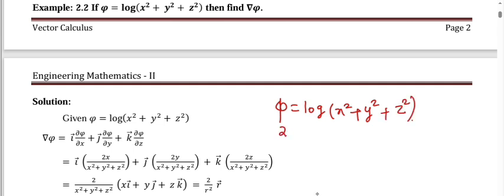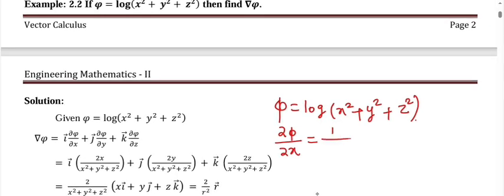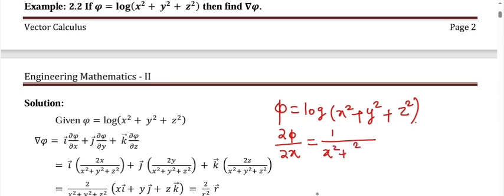From this, dou phi by dou x equals differentiating phi with respect to x. We know that differentiating a logarithmic term, we have 1 divided by x square plus y square plus z square, into, again differentiating this with respect to x, we have 2x.